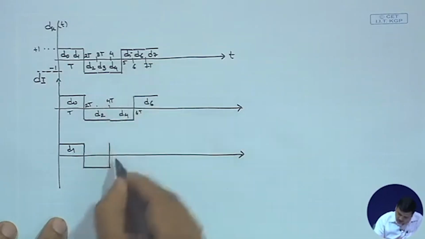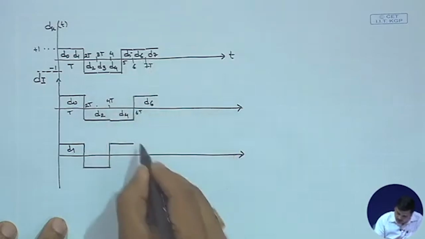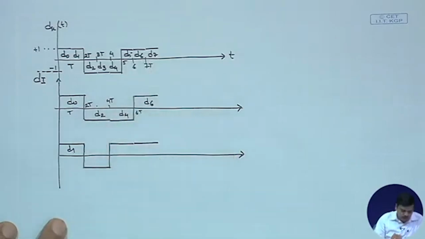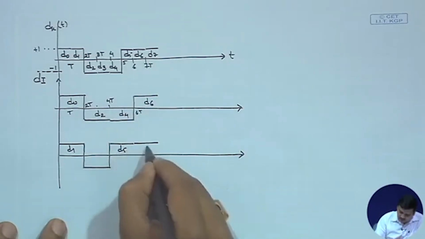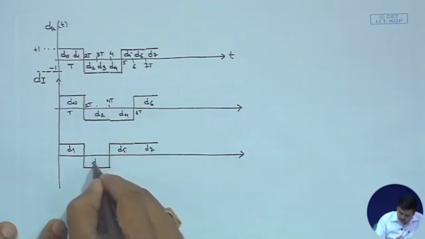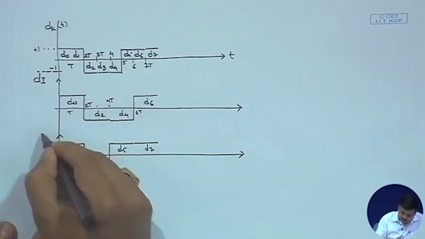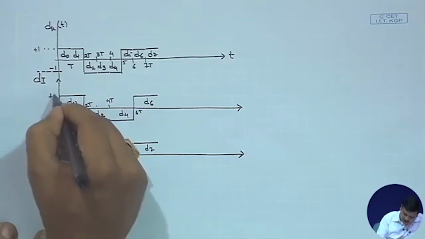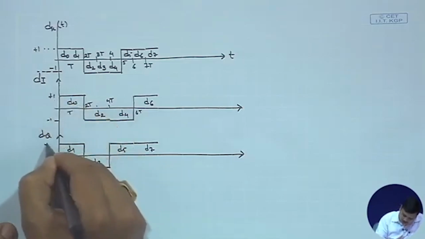So, d5 is here on top, and then we have d7, right. That is how we have it. So, this we could write as dq, and similarly you could write this as plus 1, minus 1, plus 1, minus 1.